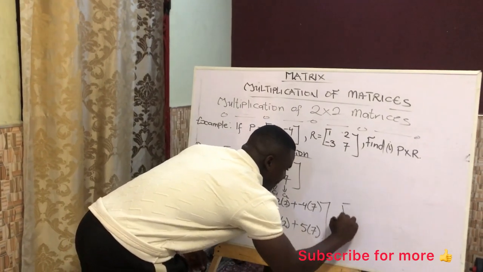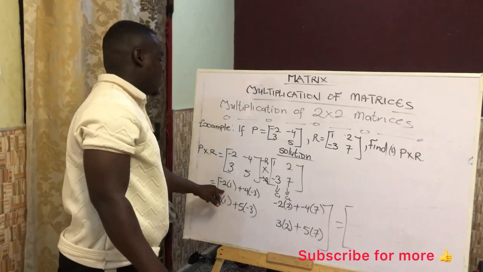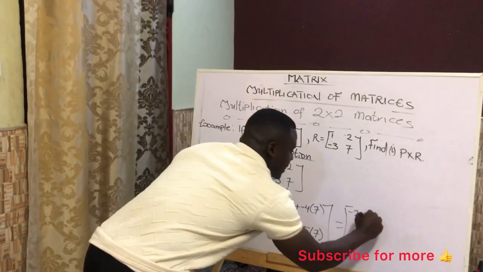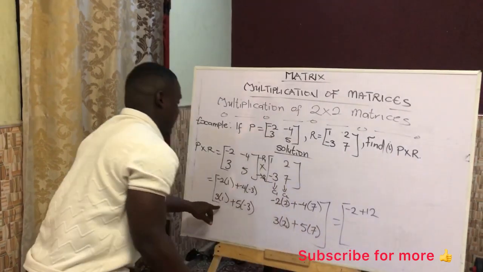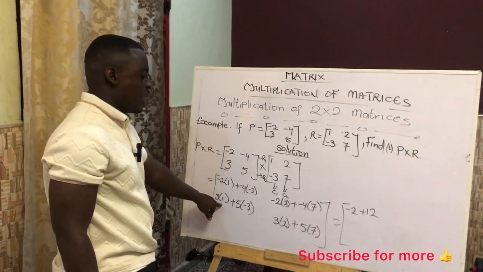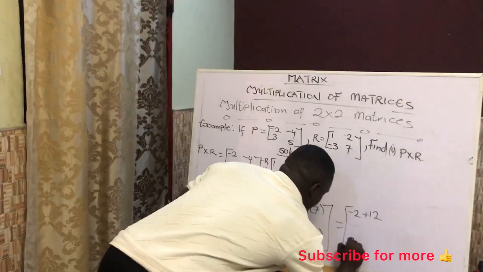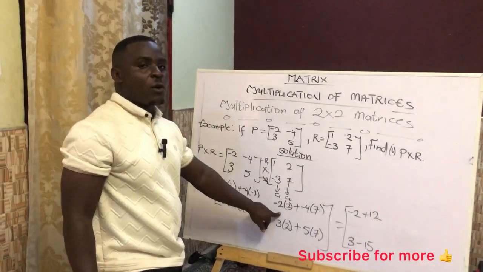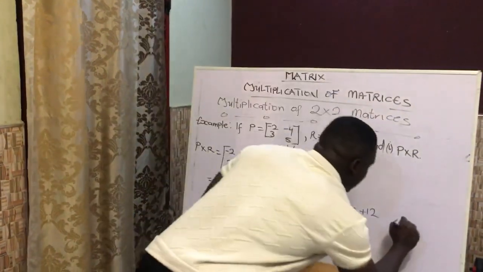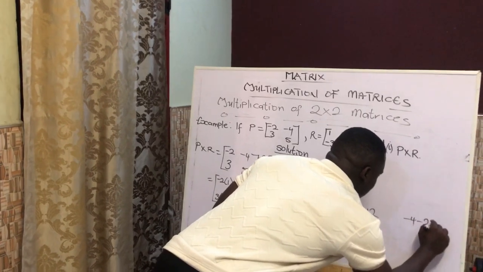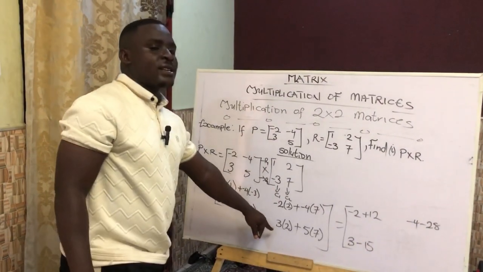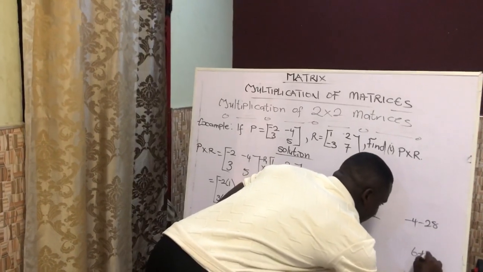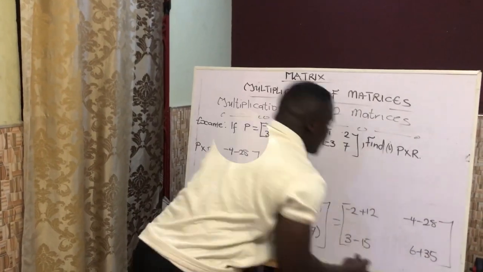So when you simplify, you're going to get minus 2 plus 12. Here, you're going to get 3 minus 15. And here, you're going to get minus 4 minus 28. And here, you're going to get 6 plus 35.